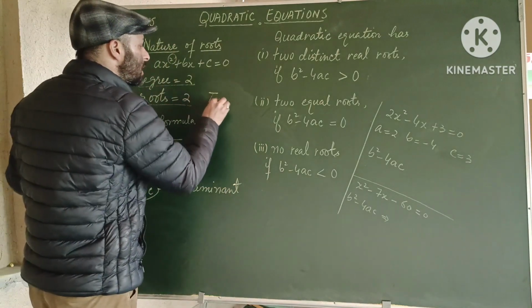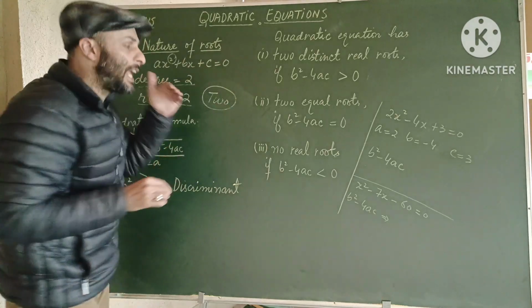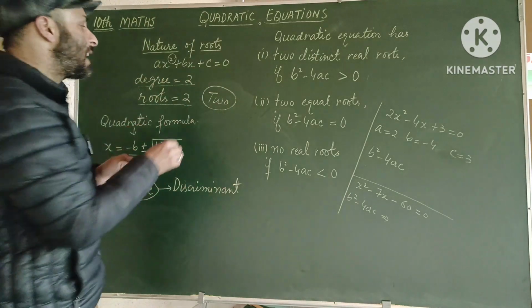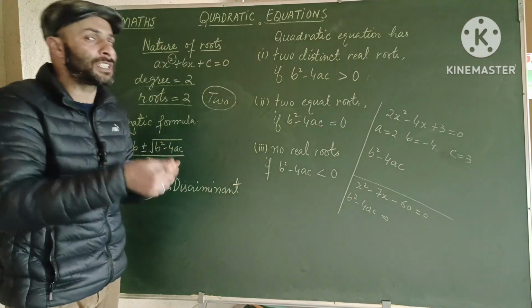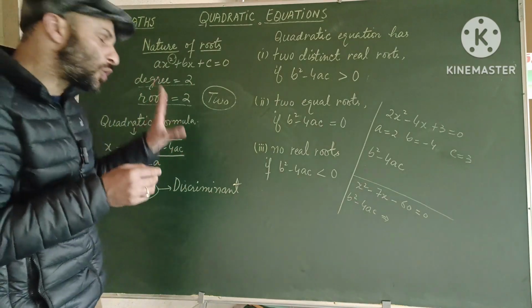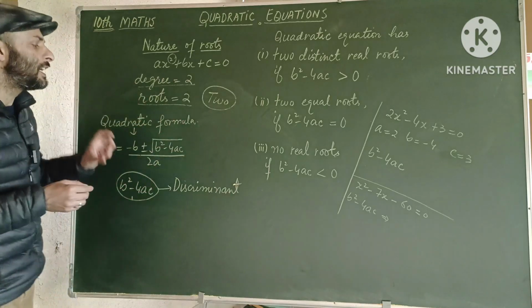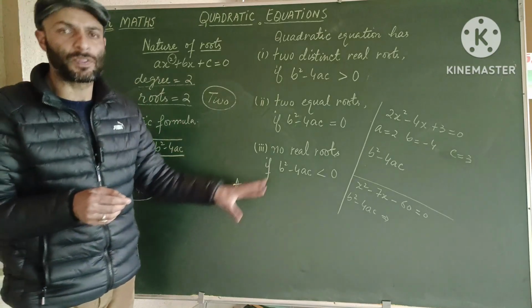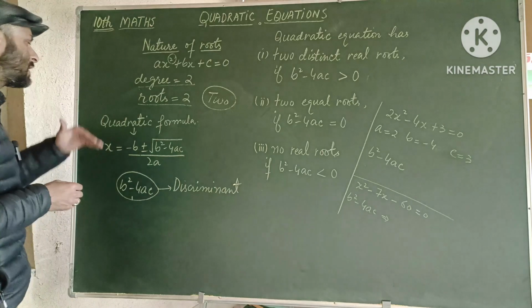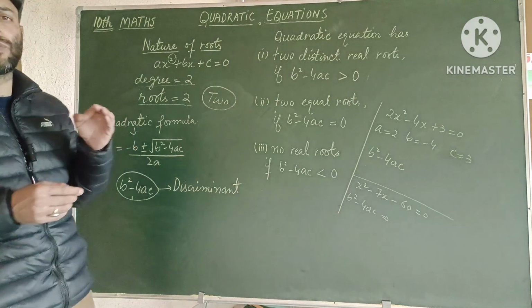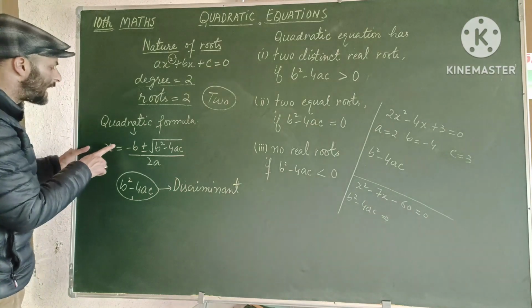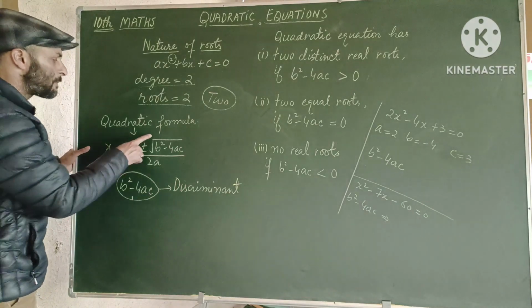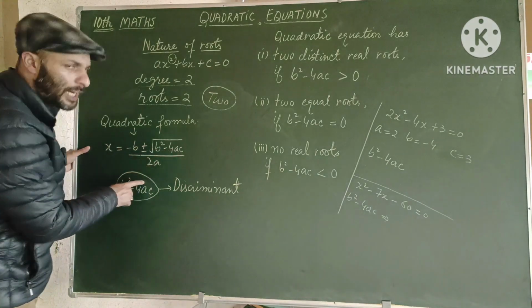The nature of these roots means whether they are different, equal, or real numbers. This depends on something called the discriminant. We know the quadratic formula: x is equal to minus b plus minus root of b square minus 4ac divided by 2a.